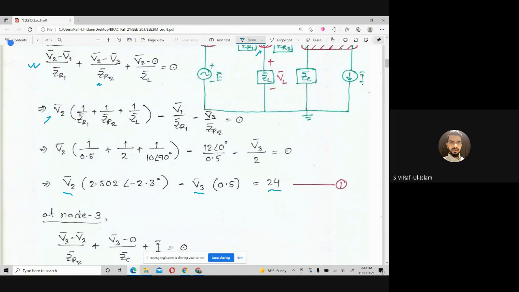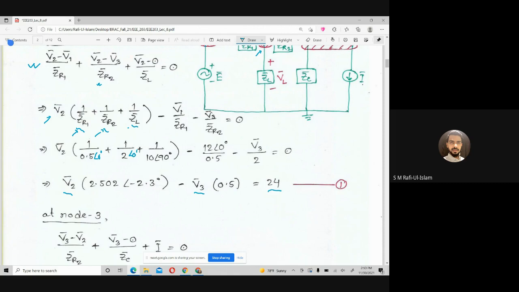We already know the values of ZR1, ZR2, and ZL. In complex mode these are all complex numbers, so we can perform the whole calculation in complex mode. You don't need to write it like this. This is 0 degree, this is also 0 degree, and there are some numbers.